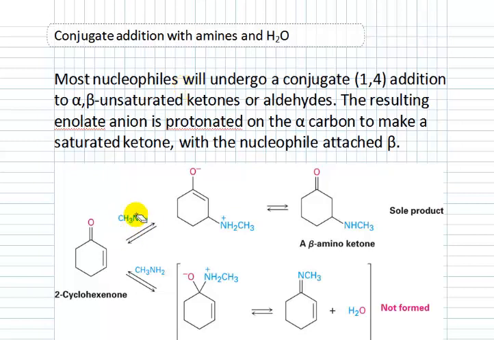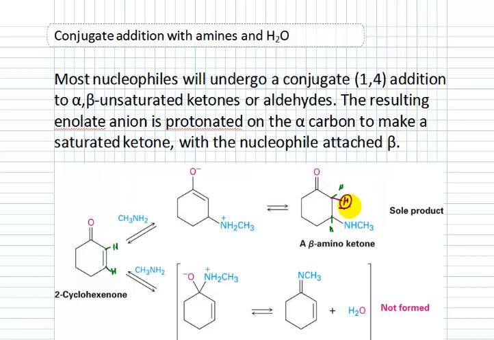If I have, for instance, a primary amine, that will undergo 1,4 addition, right? Where we had originally 2-cyclohexenone. We still have those two H's, but now I have an additional H on the alpha carbon.